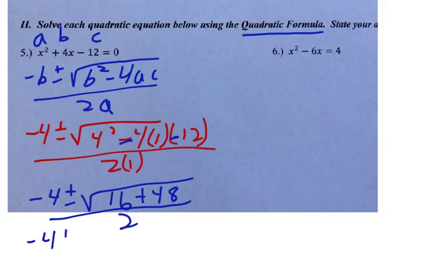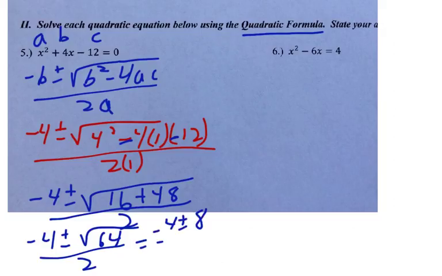So that would be -4 plus or minus square root of 48 plus 16 is 64, which is a perfect square. So over 2. So that'll be -4 plus or minus 8 over 2. And then -4 plus 8 is 4 over 2. -4 minus 8 is -12 over 2.